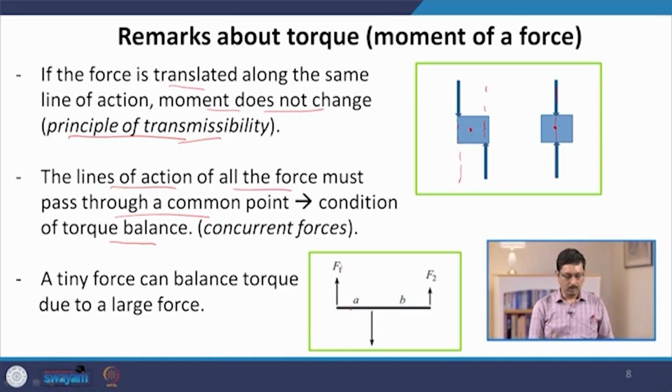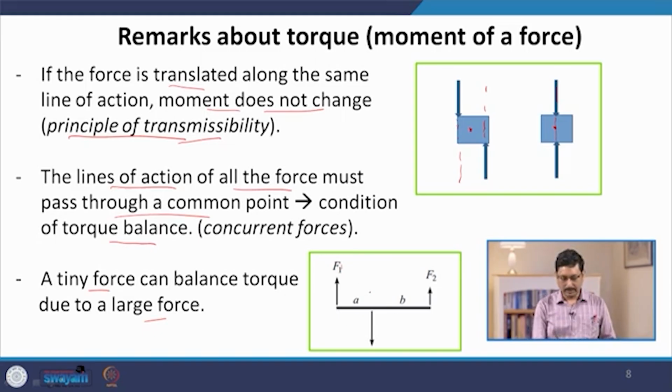The consequence is that balancing torque is a completely separate condition from balancing force. Even if you have a small force versus a large force, you cannot achieve a force balance, but you can achieve a torque balance. So, the torque balance and the force balance are different conditions.